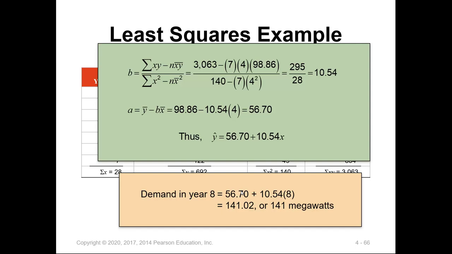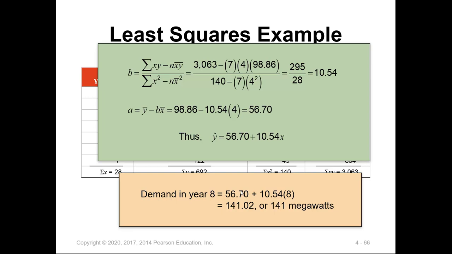That is 295 divided by 28, which equals 10.54, while a will equal 98.86 minus 10.54, that's the b value that we just found, multiplied by 4, which equals 56.70. Thus, y hat will equal 56.70 plus 10.54 multiplied by x, and this is our formula for y.